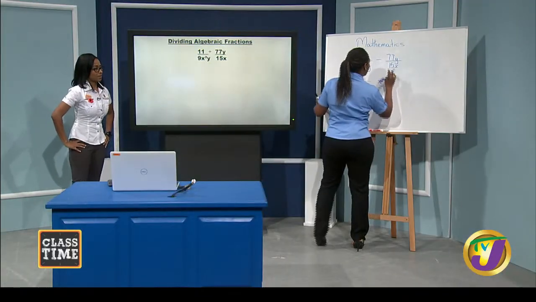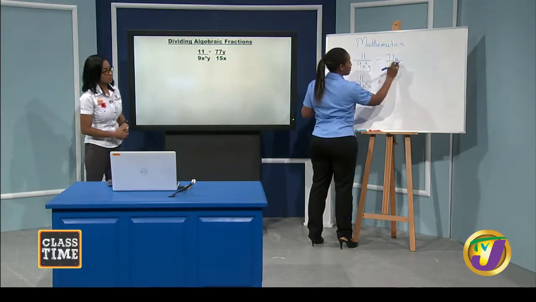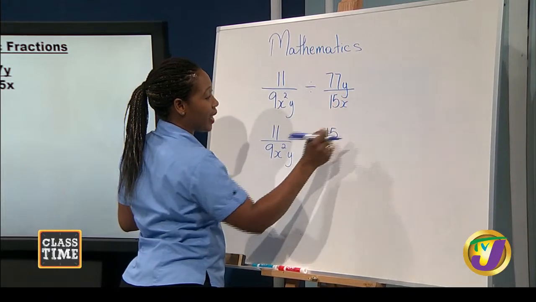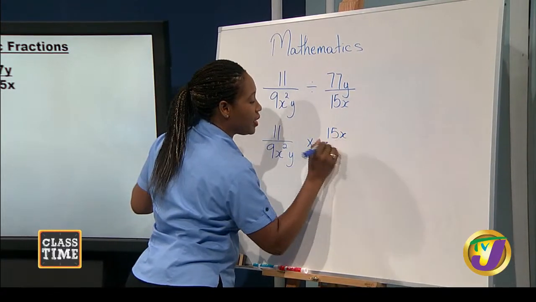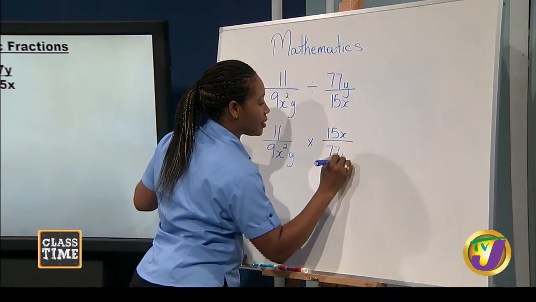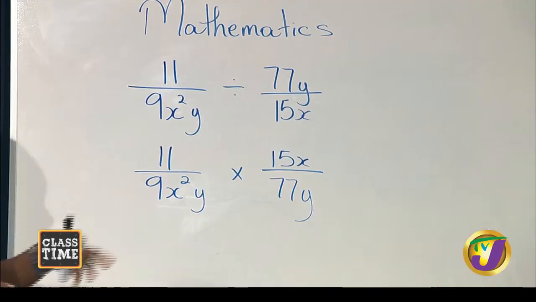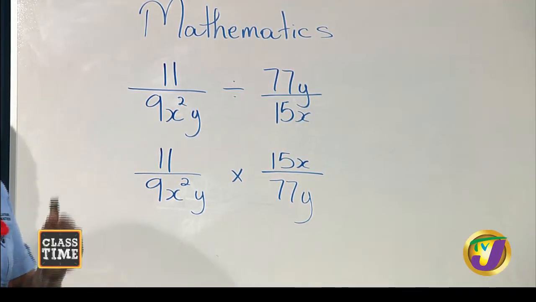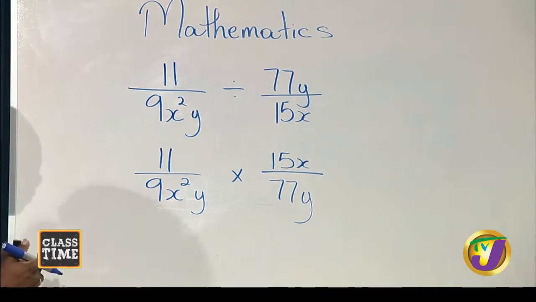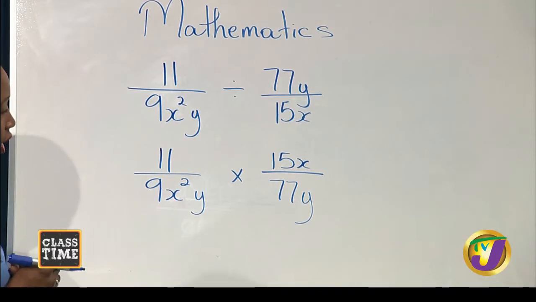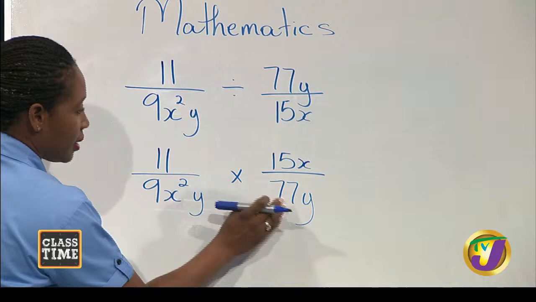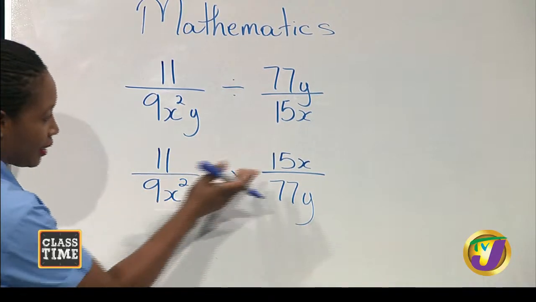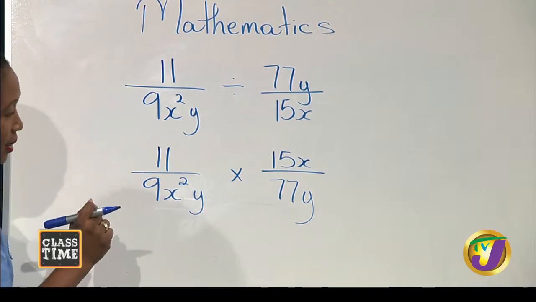So the reciprocal of 77y all divided by 15x would be 15x all divided by 77y. All right, so once again, we are looking for common factors, the highest common factor. So let us look at what we have here. We have 11, 77, 9, 15 as numbers there.